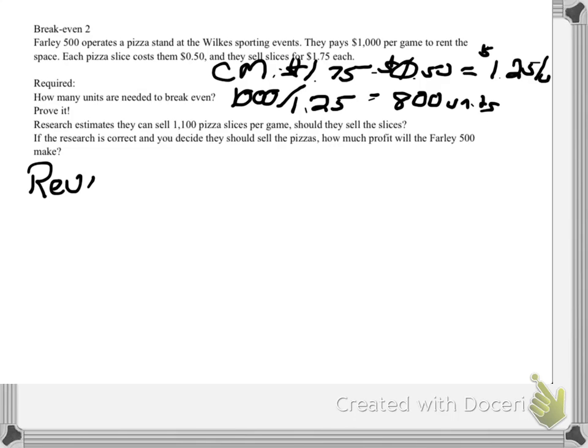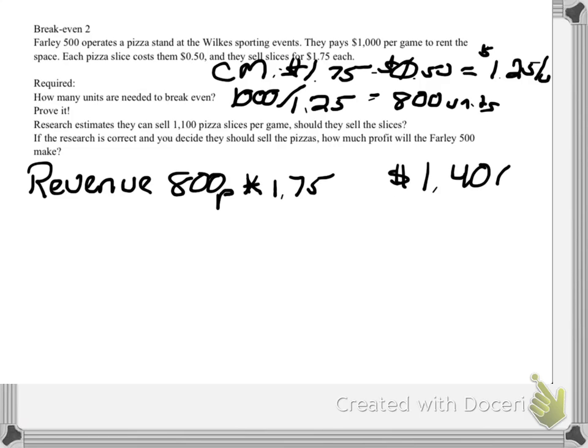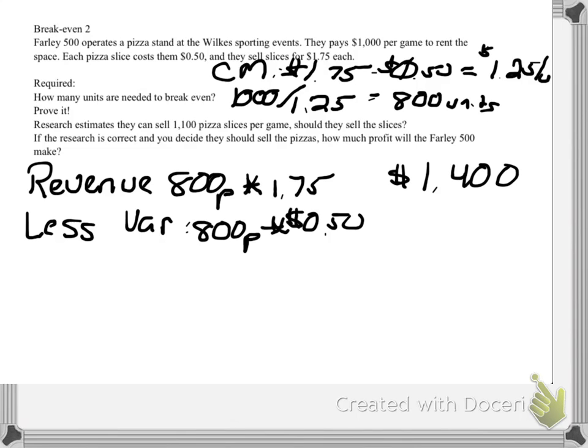So if you've got revenue, and your revenue amount is going to be 800 pizzas at $1.75 a slice, because that's your sales price, you're going to have revenue of $1,400. Then you're going to have to subtract out your variable costs. Your variable cost is 800 pizzas at 50 cents a piece, or $400.